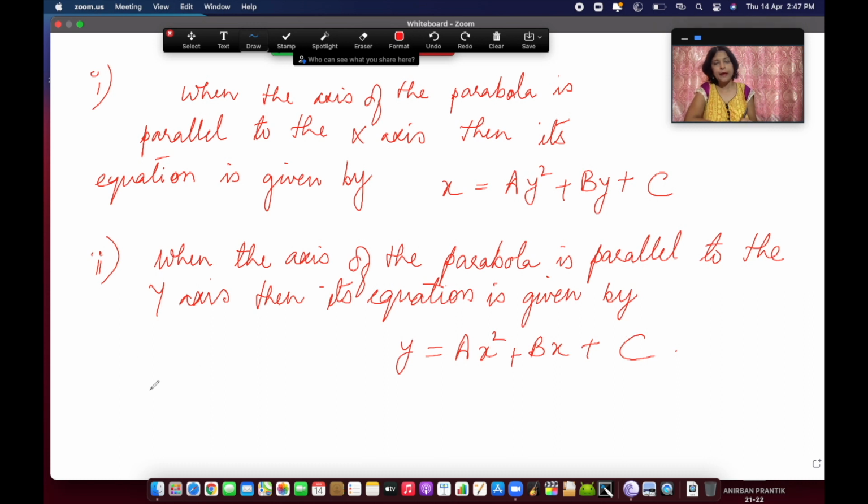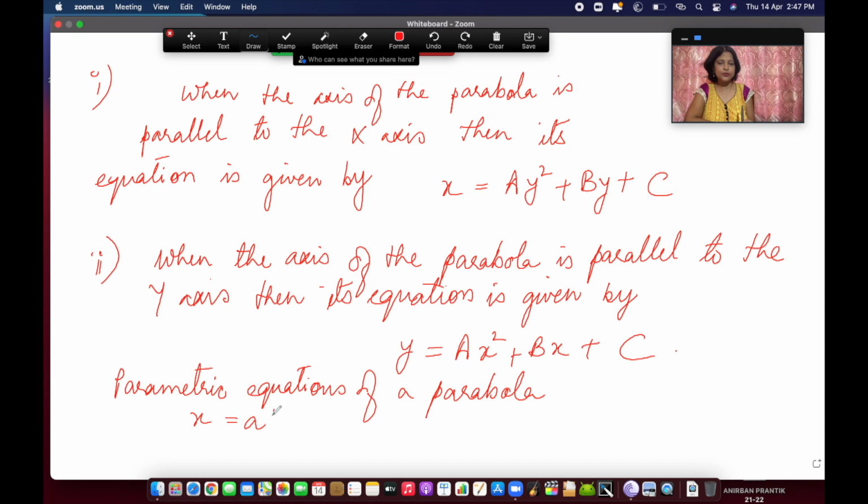Now the parametric equations of a parabola are given by x equals at square, y equals 2at, where t is the parameter.